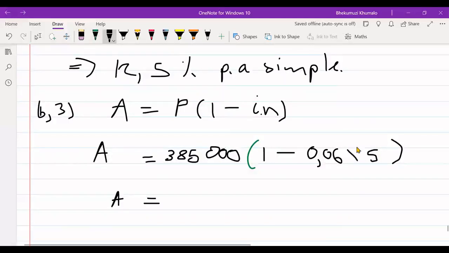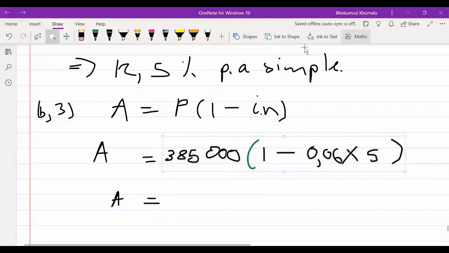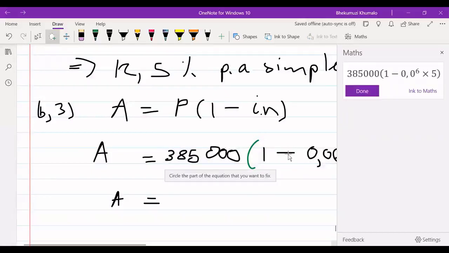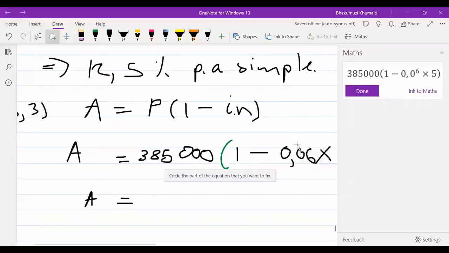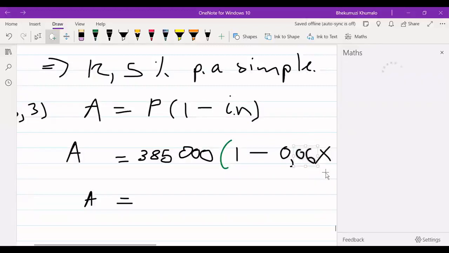And so this is going to be straightforward. So let's calculate it. No, it's not to the power 6. Just 0.06. There we go. It's fixed.